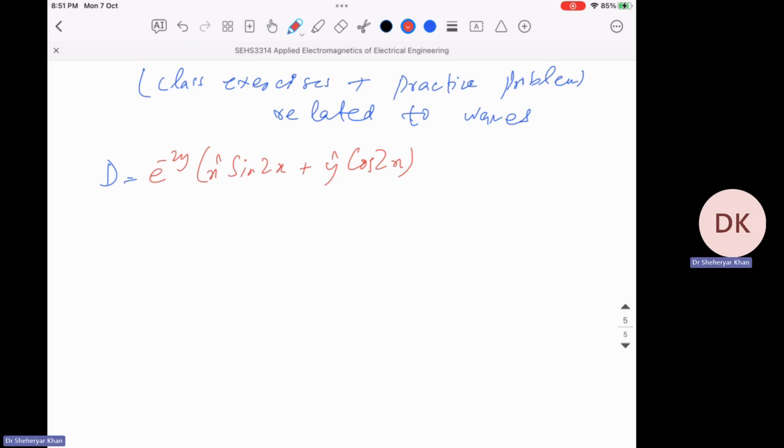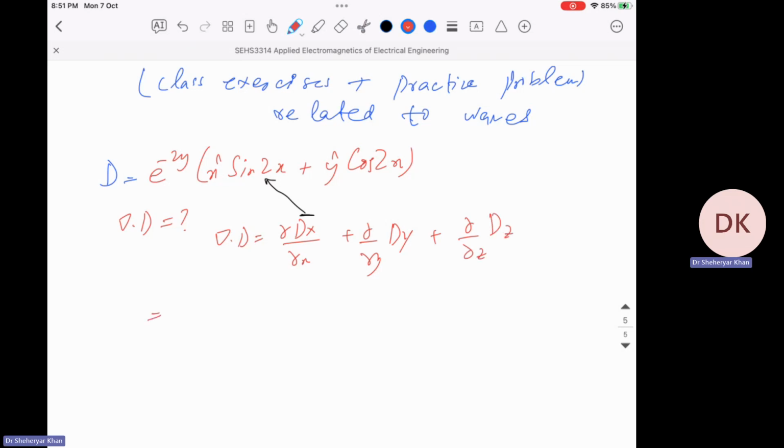So how do we find the divergence? Remember, divergence is equal to the x derivative of Dx, plus the y derivative of Dy, and the z derivative of Dz.